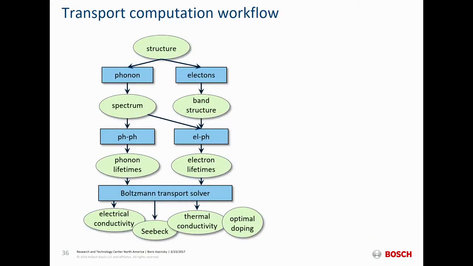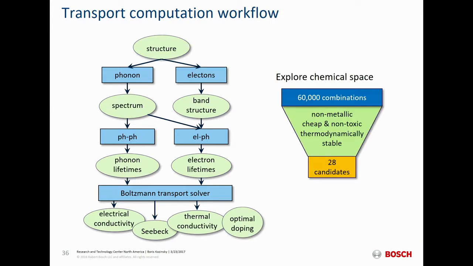So in the end, the workflow for ZT optimization starts with phonon calculations, electron calculations, looking at the couplings, producing electronic and thermal conductivities, and then sweeping everything with respect to the chemical potential and finding the optimal composition.